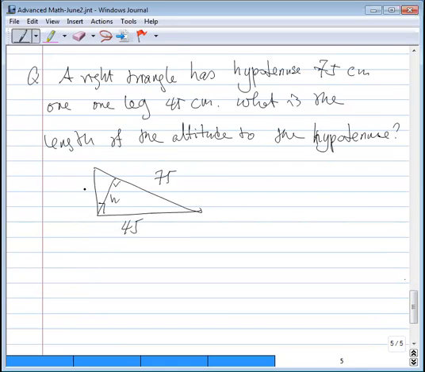Let's call the other side y. So y is going to be the square root of 75 squared minus 45 squared. A quick way to do this is to notice that 75 is 5 times 15, and 45 is 3 times 15.